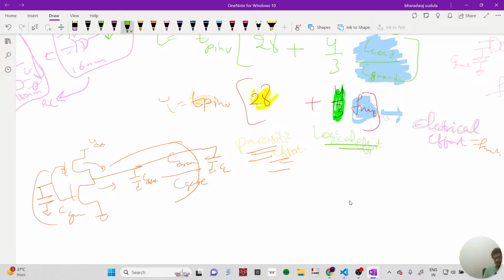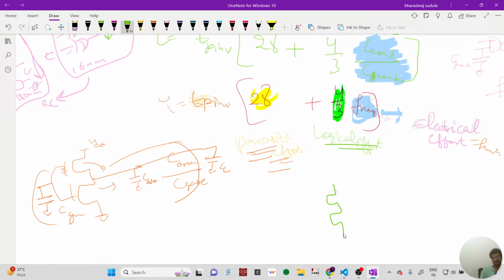Logical effort says how much effort is incurred when we try to add some other logic to the CMOS structure.